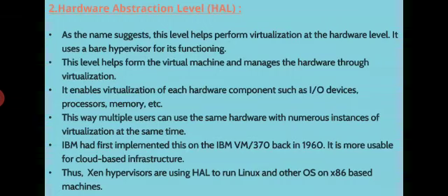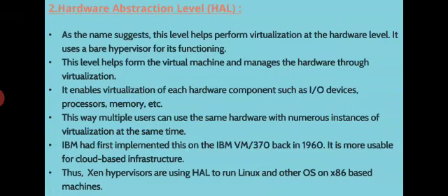IBM first implemented this on the IBM VM/370 back in 1960. It is more usable for cloud-based infrastructure. Thus, Xen hypervisors or HAL are used to run Linux and other operating systems on x86 based machines.